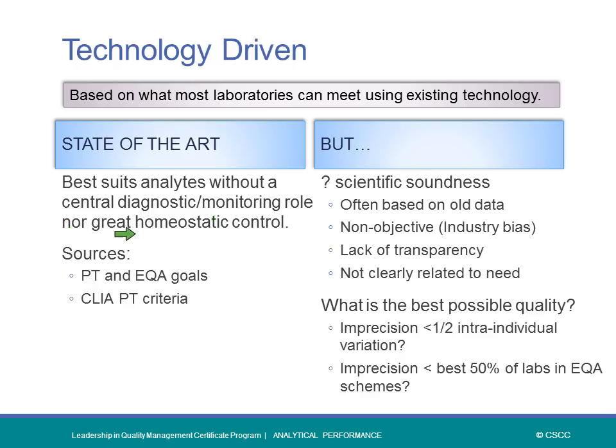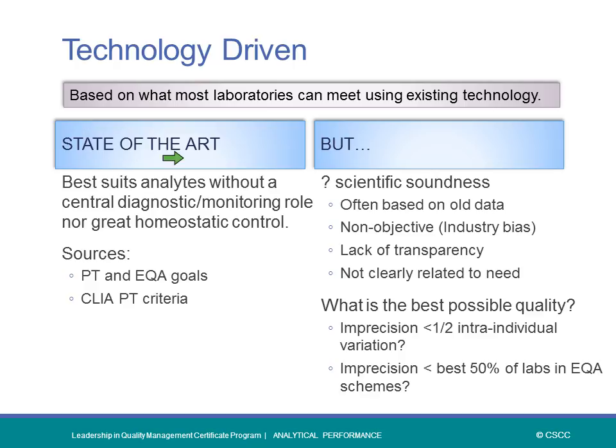Now, the documents I read were relatively vague in terms of where we can find the sources of these, but I think we can safely assume that exploring conveniently available data, such as from PT programs and external quality assurance programs, will remain the main source of information for determining what those state-of-the-art goals should be.